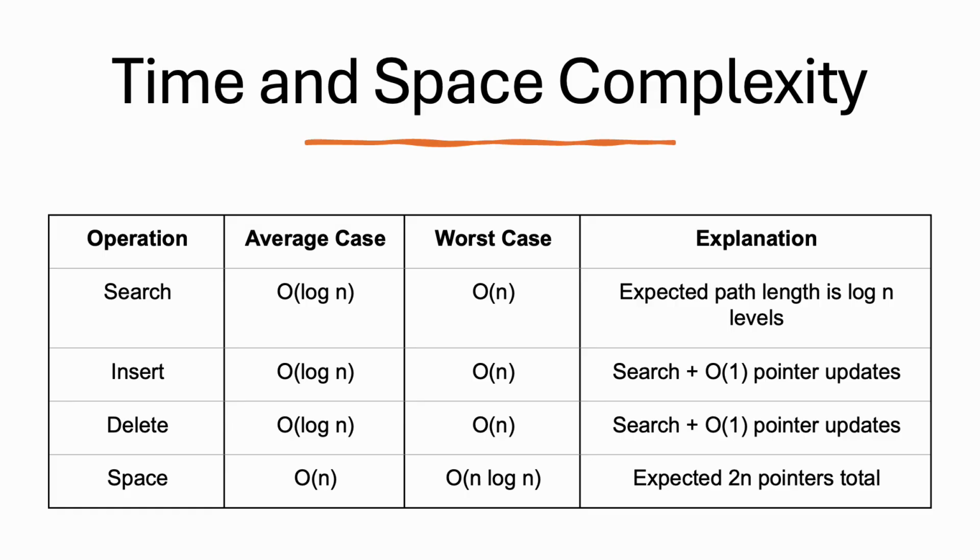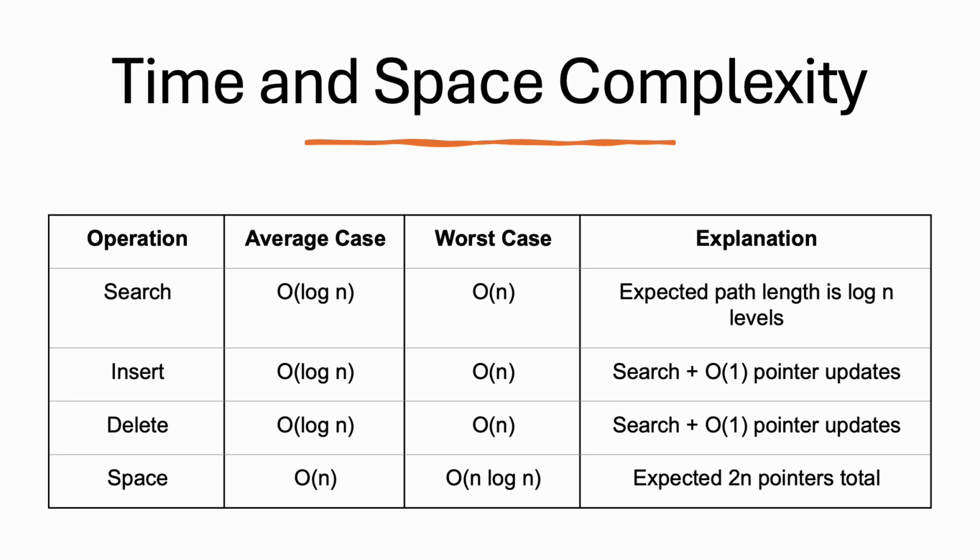The worst case is O(n log n) if every node happens to reach the maximum height. The key insight is that while skip lists don't guarantee O(log n) like a balanced tree does, they achieve it with high probability.